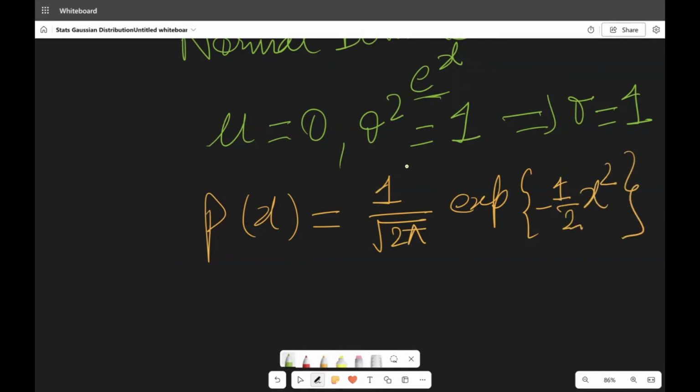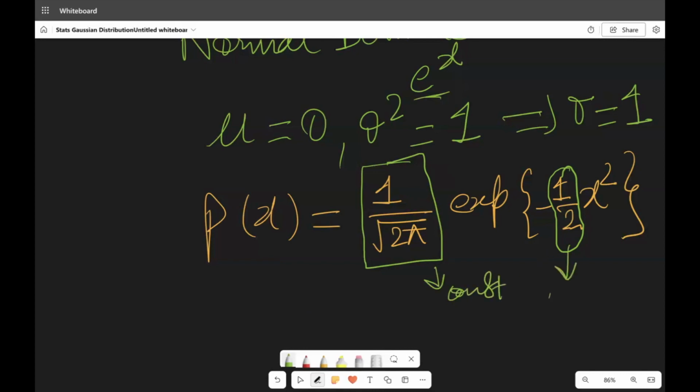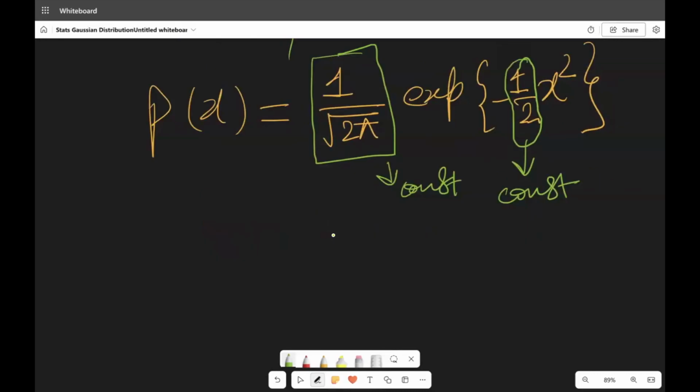If you look at this carefully, you will see that this whole thing is a constant. This thing is also a constant. So if I have to simplify this further, since this is my constant, I can write y is equal to exponential of minus x square by 2.